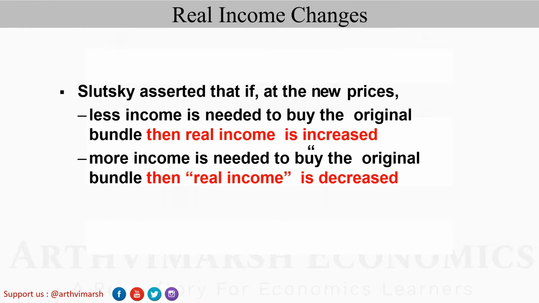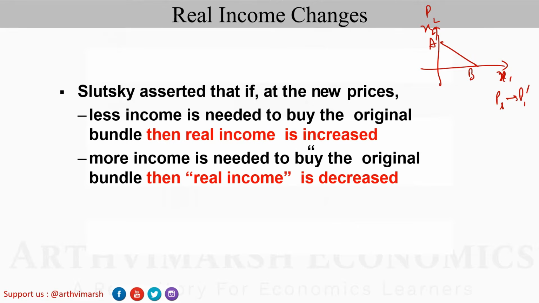Slutsky made key assertions in explaining the impact on real income which takes place because of the change in prices. And how does it happen? Slutsky asserted that at the new prices, say for instance this was our budget line AB in the X1 X2 commodity space, if the price of the commodities changes, say X1 had price P1 and X2 had price P2, and P1 changes to P1 prime, it can increase or decrease.